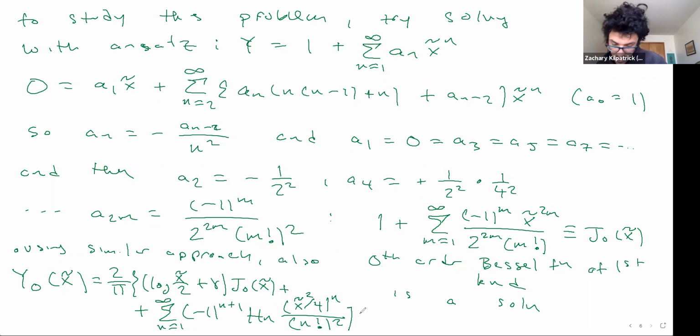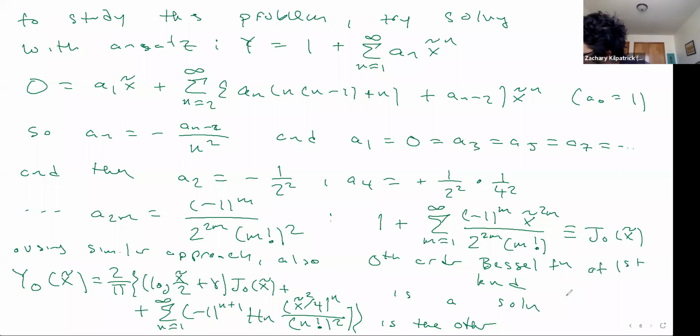Okay, and this gamma here is a special coefficient called the Euler-Mascheroni coefficient, and H_n here are what are called the nth order harmonic numbers. It's just what you get by adding up 1 plus 1/2 plus 1/3 plus 1/4 plus 1/5.